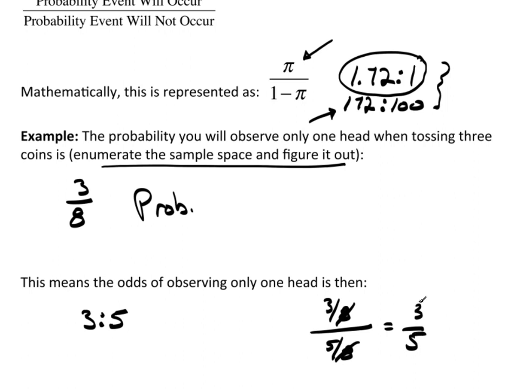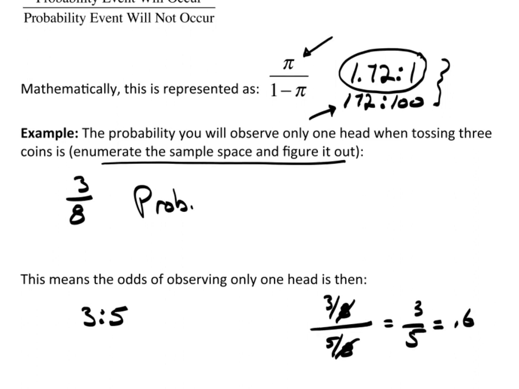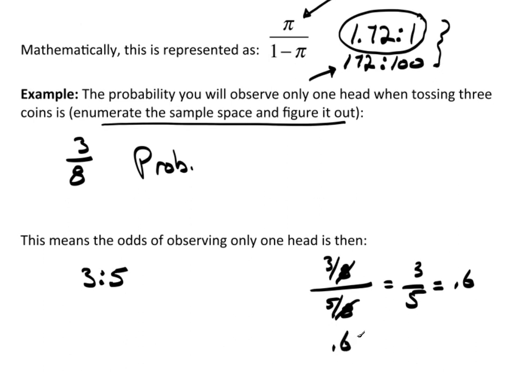Now, here's where it can get a little bit tricky, but there's a couple of ways you can do this. If you reduce this or turn this into a decimal, you'll get 0.6. This is then 0.6 to 1. Now, this is accurate. There's nothing wrong with this, other than the fact that I think it's pretty confusing. So rather than writing the odds as 0.6 to 1, I'd write it as 3 to 5.